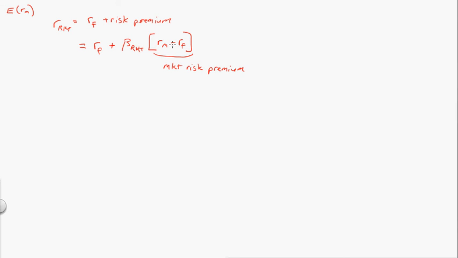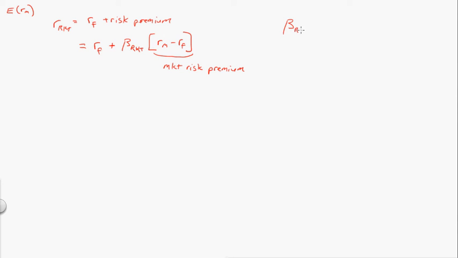So you tell me how much extra return I should get for holding a stock, and by a stock I mean the market. You tell me what beta is. Beta is a relationship between the market and the individual stock.